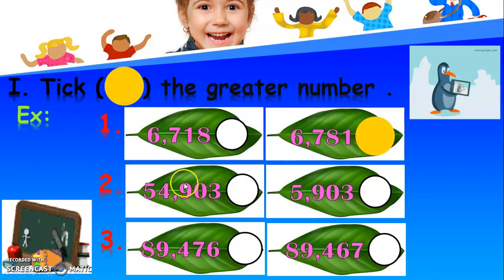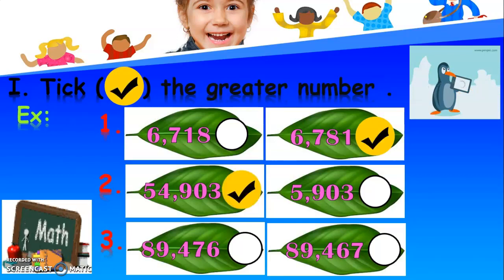Now for number 2, you are comparing 54,903 and 5,903. Which one do you think is the greater number? Now if you answered 54,903, then you got the answer right.